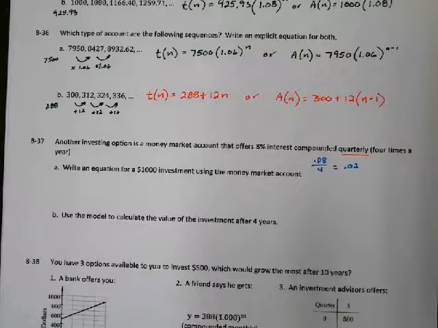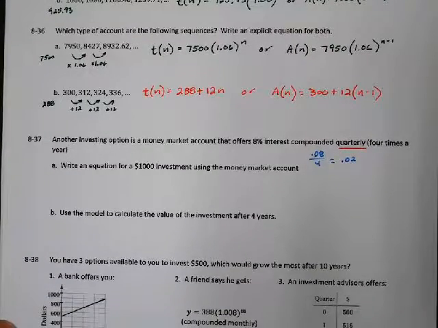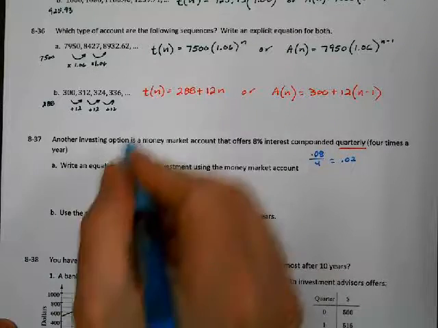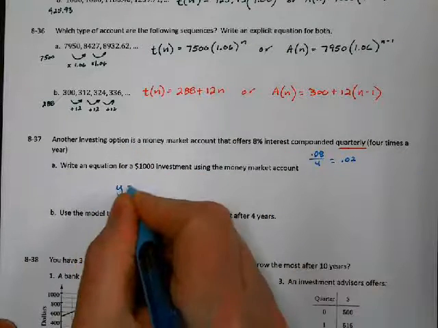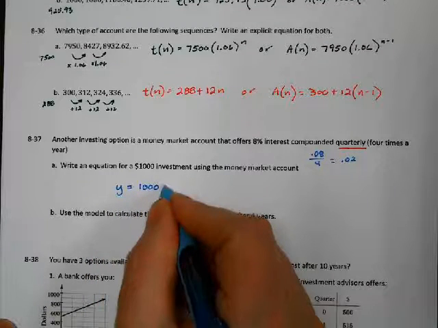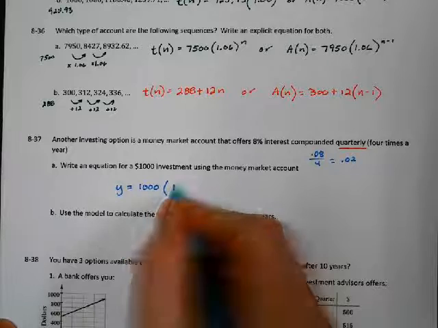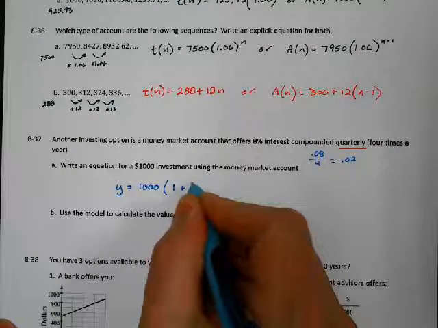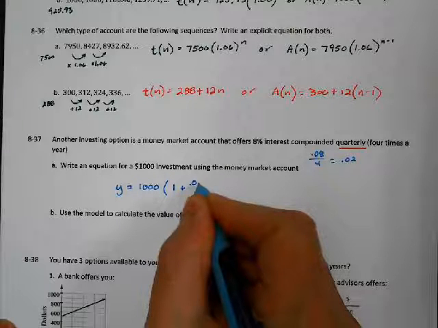So if we were to write an equation for this one, we would do y equals, the starting value is 1,000. We're going to do the 100% because we're going to get all of our money back. And then we're going to take the 8% interest and split it up 4 times during the year.